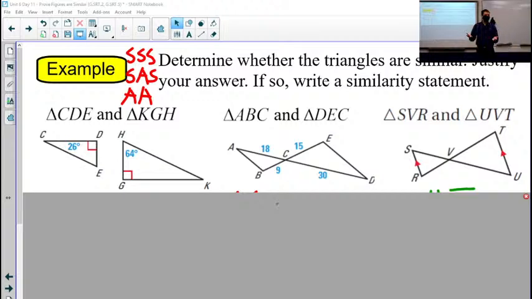Yes, mathematics, one of my favorite subjects. What do we have here? Oh, well, these can't match because quite simply, this one is 26, you see, and this one is 64. And neither of them are matching. So they can't be similar. Quite silly.